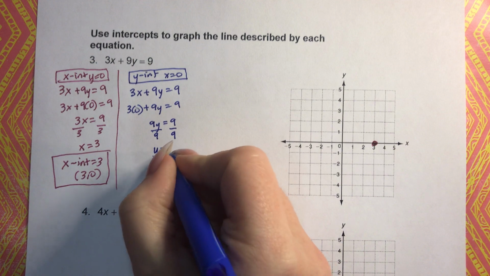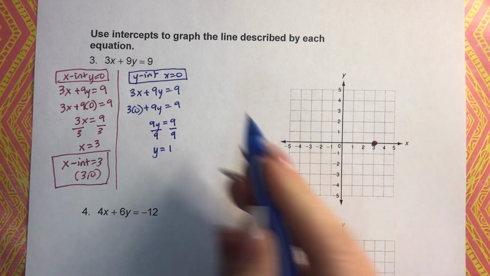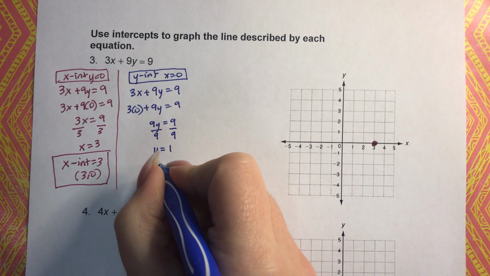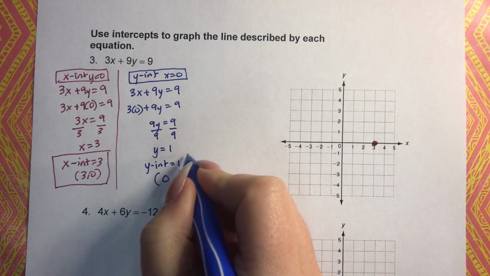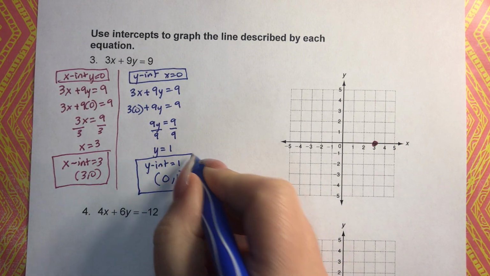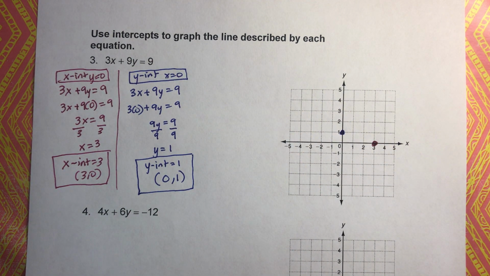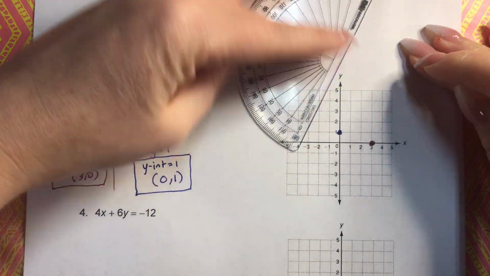I end up with y equals 1, but I'm not going to write that. y equals 1, remember, is a horizontal line, and I'm just talking about that particular point, which is the y-intercept equals 1, which is the point (0, 1), right there. And then once we have that, we just connect both of those dots. Oh, I got to do it the other way, like this.